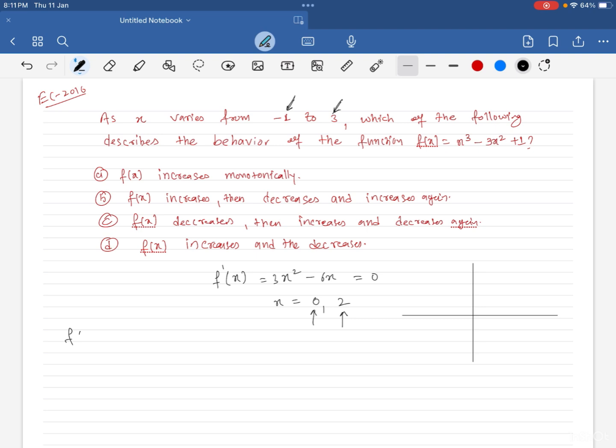So f of minus 1 is 1 minus 1 minus 3 plus 1, so that is minus 3, right? And f of 0 is 1, and f of 2 is 8 minus 12 plus 1, right?